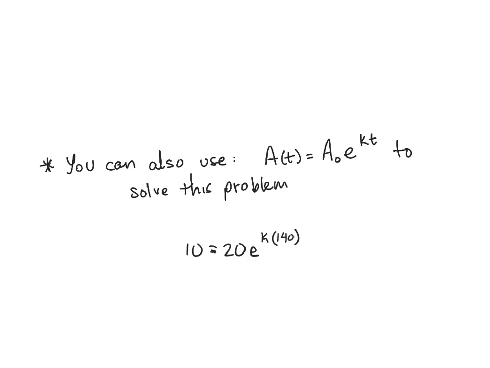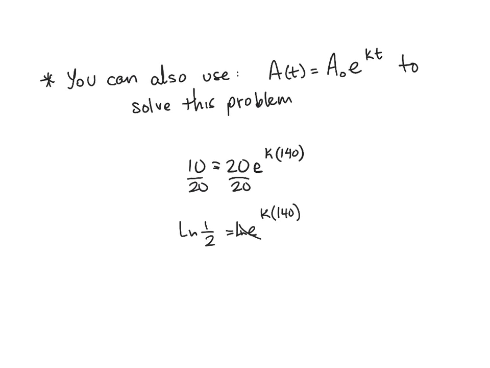So if we solve this for K, K is a variable exponent, so this will be an exponential equation. So we need to isolate the exponential term. Then we use a natural log on both sides. So what we have then is this equation.